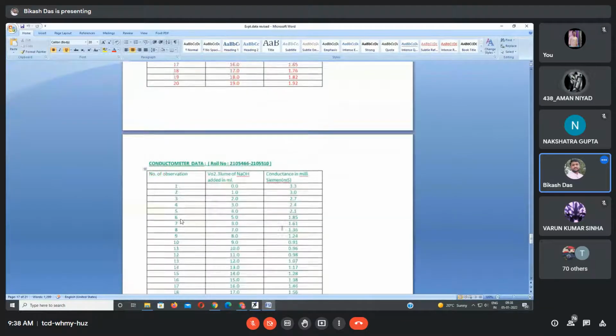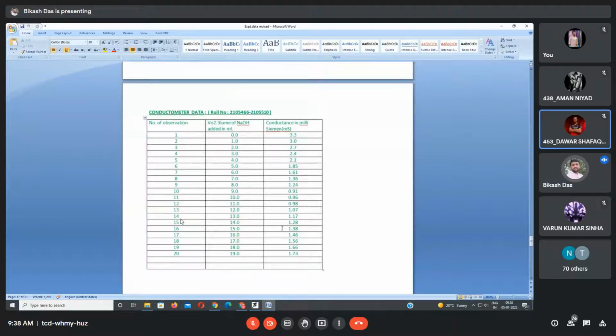Group 2. Yes, sir. Look, for group 2, in both I have probably given 20 observations. And this data only you have to write down in your copy, and you have to draw the graph by taking this data.